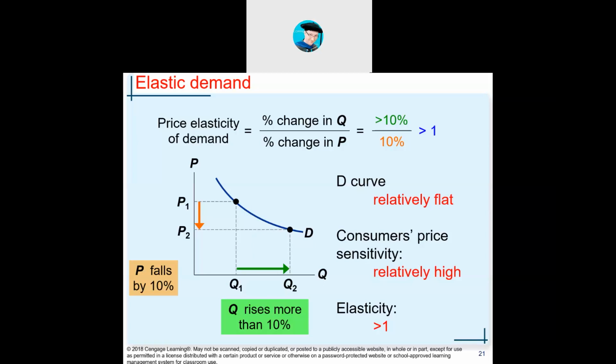That is definitely elastic demand. If the price jumps in cereal, chances are demand will go down sharply, because there are substitutes to that product.